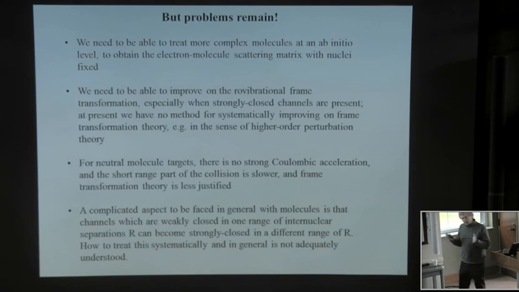But anyway, part of the reason in co-organizing this whole workshop is that Slav and I have felt that there is still a lot to be done, a lot of problems to be solved. We really need to be able to treat more complex molecules. We need to be able to get accurate electron-molecule scattering matrices for larger polyatomics and for systems where electron correlation is much more important.